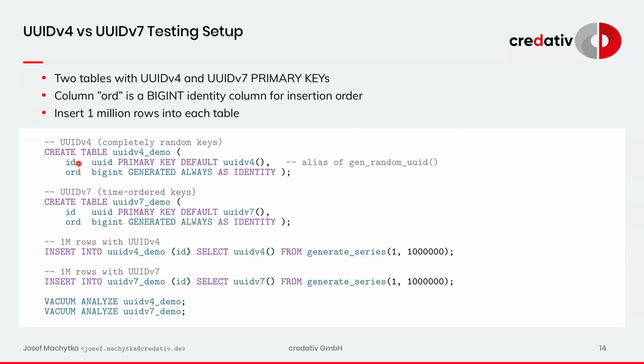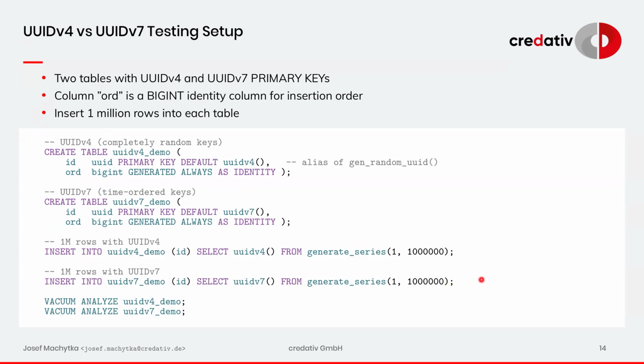Column ID is type UUID and primary key. And this second column is a bigint generated always as identity. So this ord, as ordinary number, preserves insertion order for our testing purposes. And when I create these two tables, I insert 1 million records.